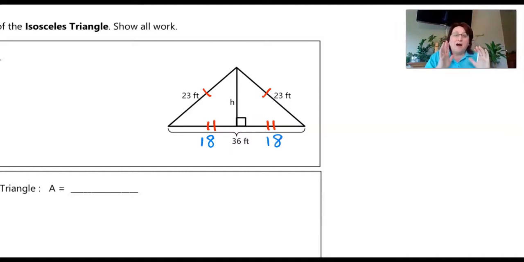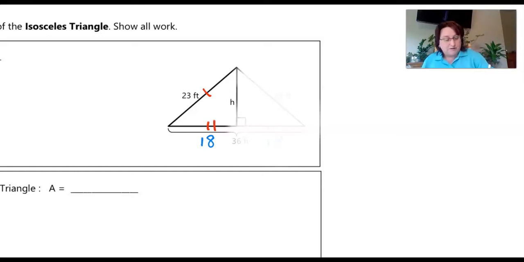Okay, now that we know that, ladies and gents, we can focus on just one of these right triangles to find the height. When I say focus on one of those triangles, here's what I mean. Do you notice that there are two right triangles here? Really, what we need to do is just focus on one. Notice right here, I'm covering up one of the triangles that we don't need.